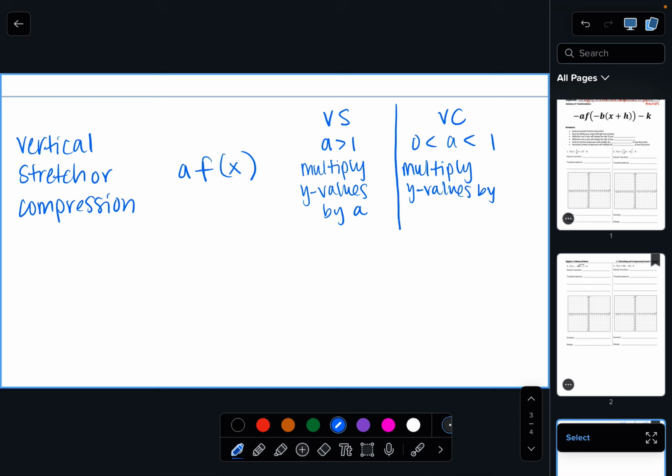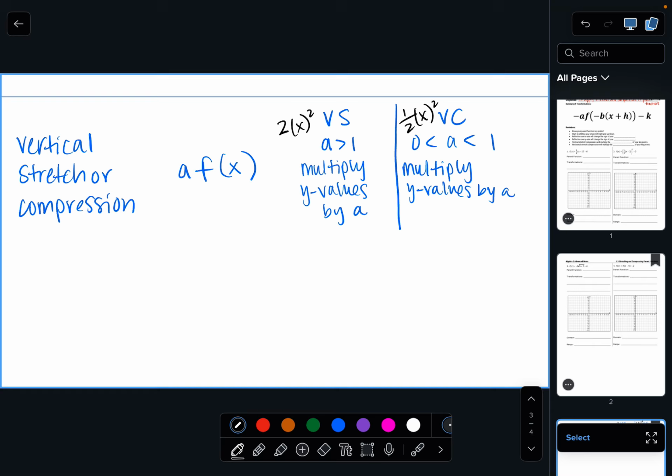And I sometimes like to include an example in this little foldable just so you have it. So somewhere near vertical stretch, you can say like 2, and then we have x squared would be a vertical stretch. And then for vertical compression, 1/2 x squared.